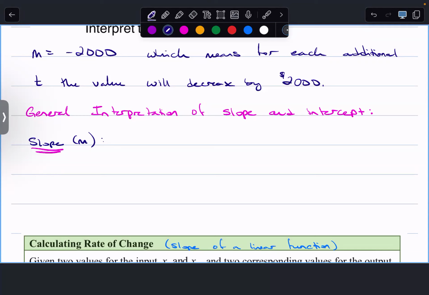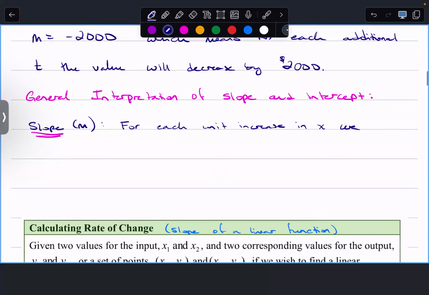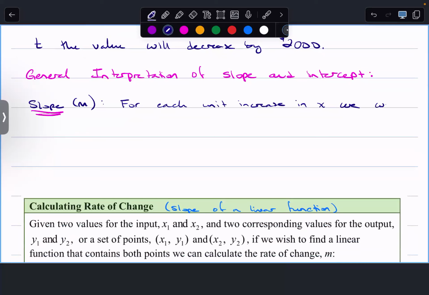So the slope, the general interpretation is that for each unit increase in x, or the input, we will see an m unit increase in y.